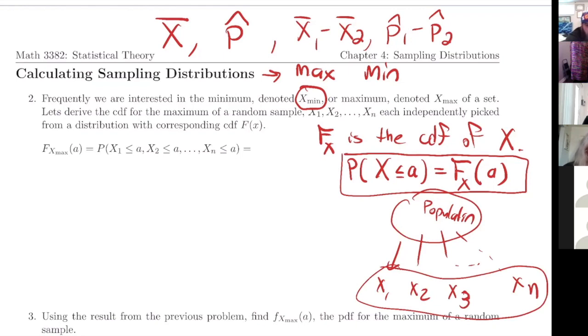That's equivalent to asking, what's the probability that every single value in my sample is less than or equal to a? Since if any one of them was bigger than a, then our maximum value wouldn't be a.